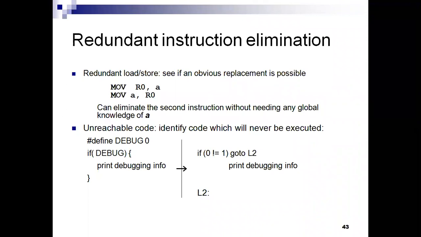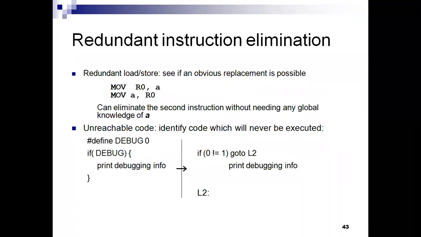The first one is redundant instruction elimination. Here, especially the redundant loads and stores can be eliminated. For example, move r0 comma a, move a comma r0.